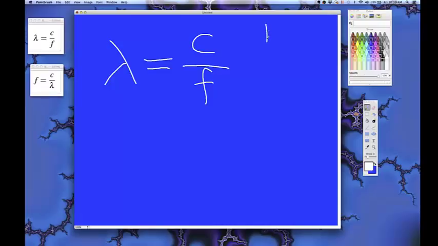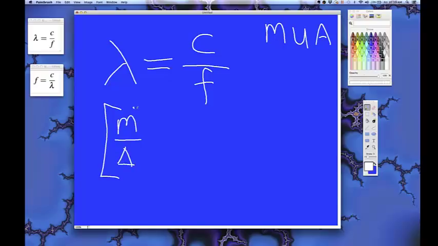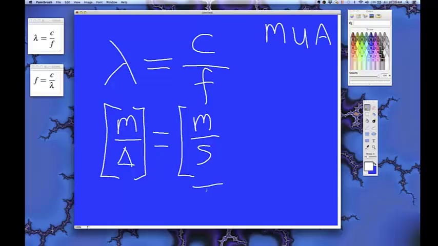So in modified unit analysis, the units of lambda are meters per cycle. And you can see that on the right because the units for the speed of light are meters per second, and the units for frequency are cycles per second.